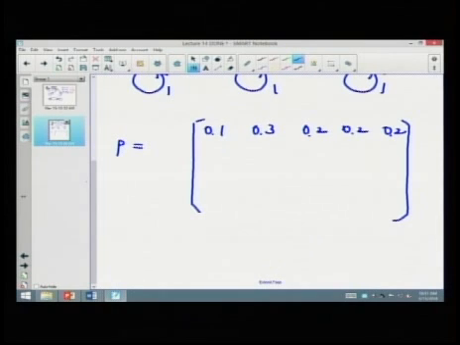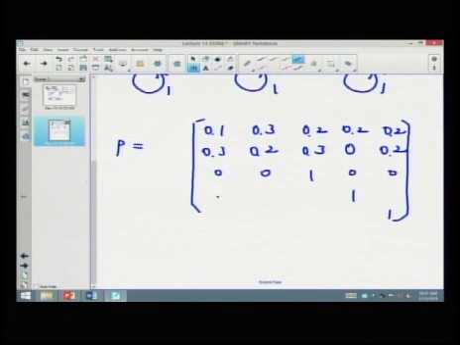Then 0.3, 0.2, 0.3, 0, 0.2, and then 1, 1, 1. All others are 0. Is that correct?